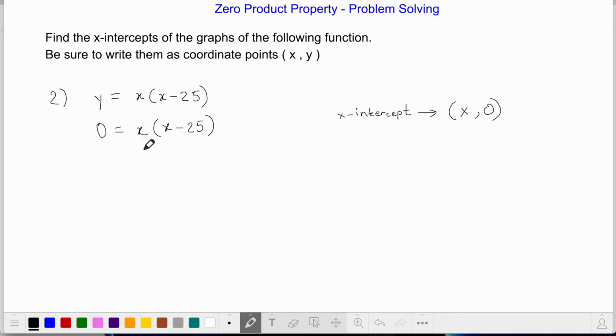So the next step is x times x minus 25. They are multiplied together, so we are using the zero product property to find the value of x. So x times x minus 25 is equal to 0.